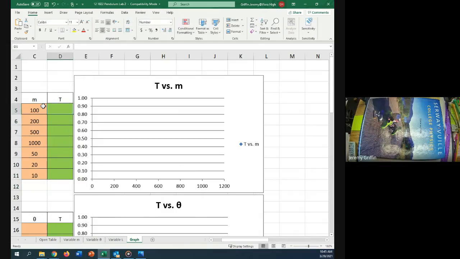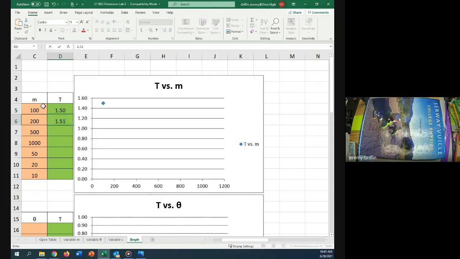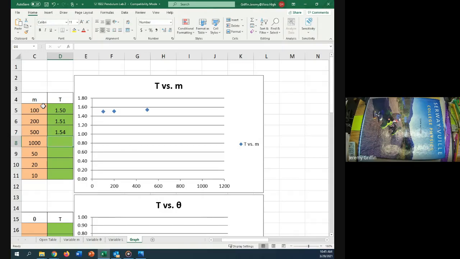And the time periods went 1.5, 1.51, 1.54, 1.54, 1.51, 1.48, 1.49.